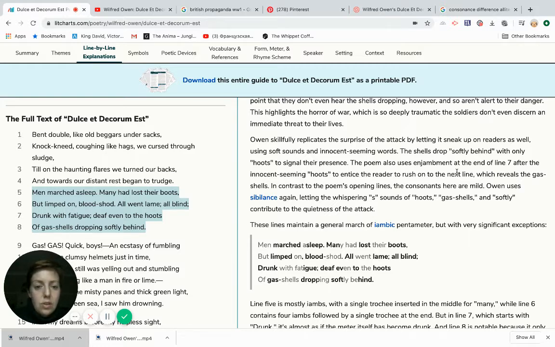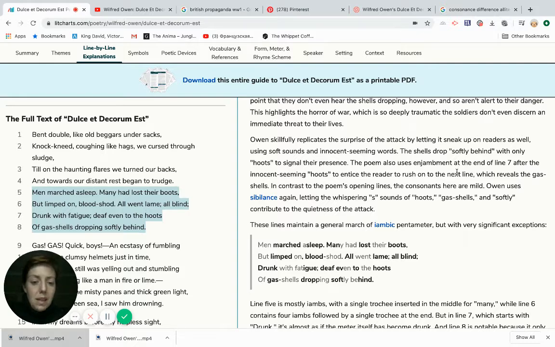In contrast to the poem's opening lines, the consonants here are mild. Owen uses sibilance, once again, the repetition of the S sound, letting the whispering S sounds of hoots, gas shells, and softly contribute to the quietness of the attack.